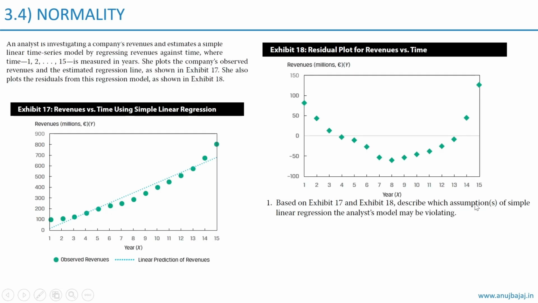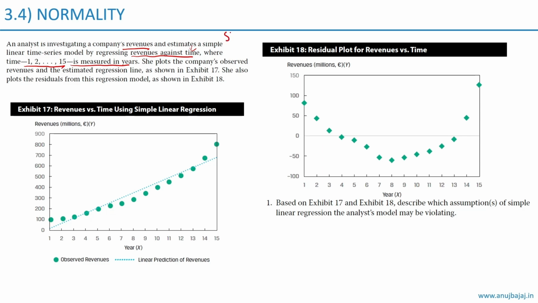Let us look at the following example, where the analyst is investigating a company's revenue and estimates a simple linear time series regression by regressing the revenues against time. So the dependent variable is revenues and the independent variable is time, where the data is measured in years. We have data for the past 15 years.